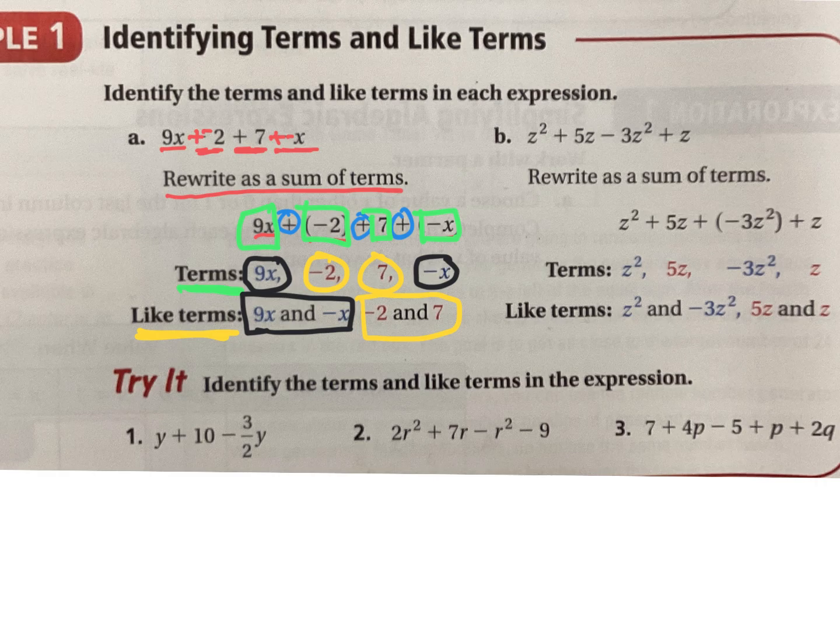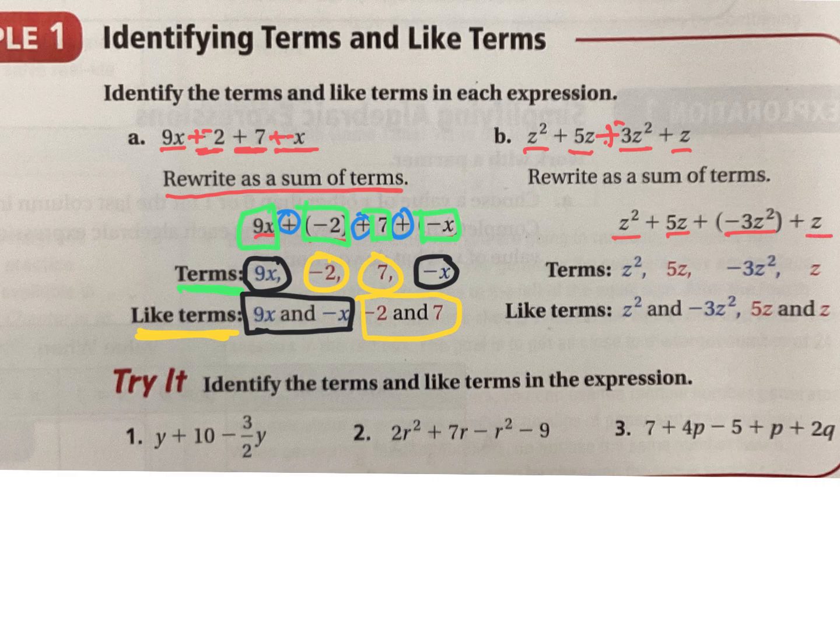Okay. Let's do another example they have here. They have z squared plus 5z minus 3z squared plus z. Now I see there's only one subtraction, so I'm going to change that into add the opposite. So now I have z squared, 5z, negative 3z squared, and z.